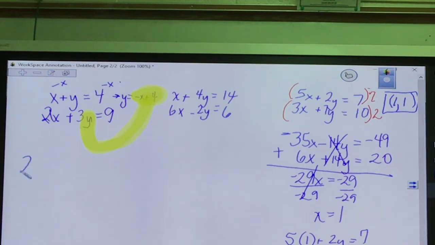So 2x remains the same, the plus sign remains the same, 3 is going to be there, and the 9 is going to be there. But in place of the y, I'm going to put the expression that I isolated from the top equation. Never ever substitute this back into the one that we just isolated, because you're going to always get infinitely many solutions if you do that. So don't do that. Always substitute it into the other one.